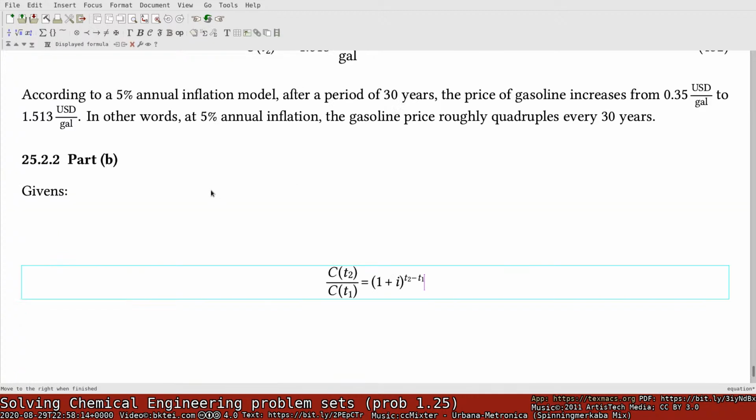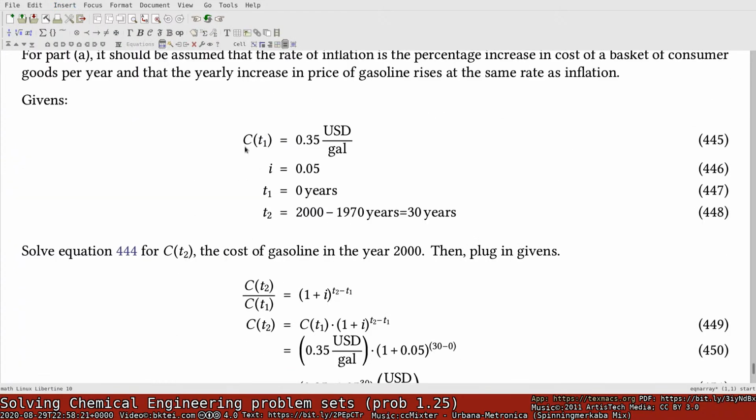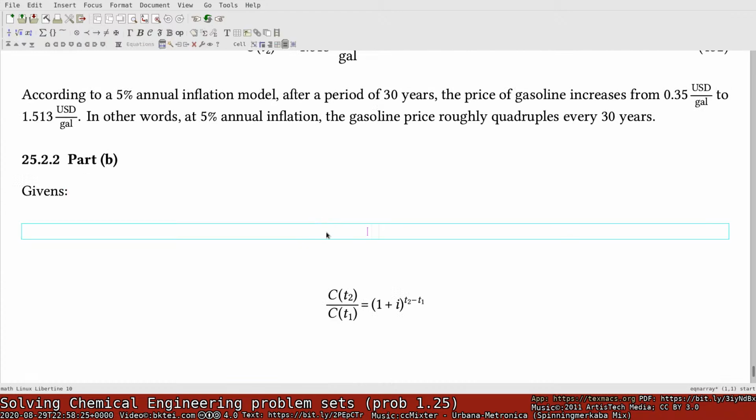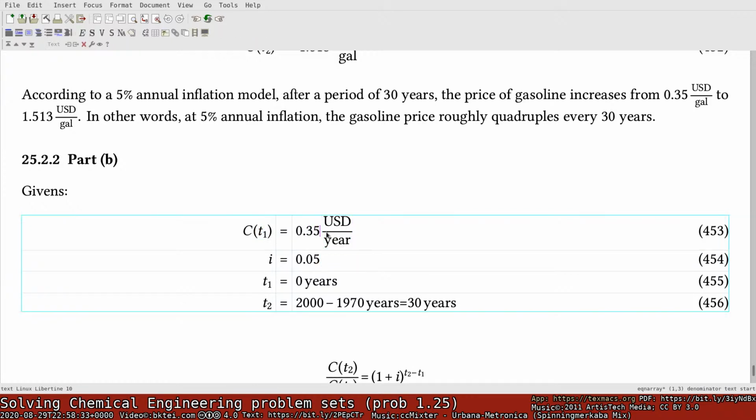And down here, let's just plop this equation for now. Givens, we can just copy these and modify them. So instead, the initial cost is USD per something, but it's a year now.